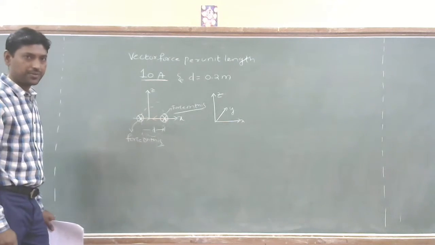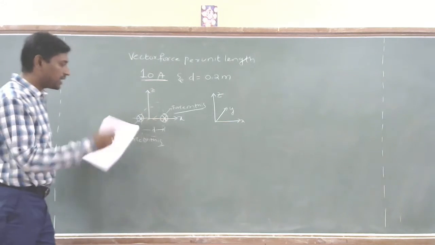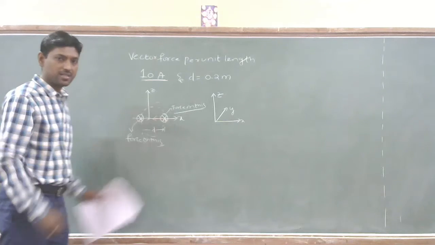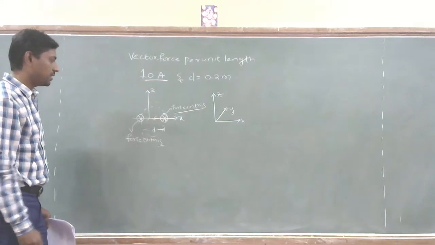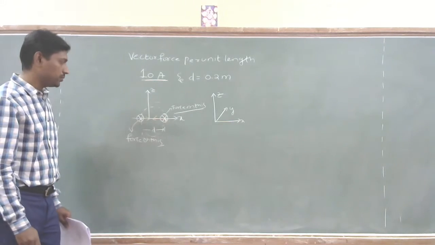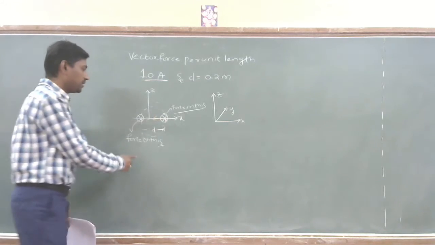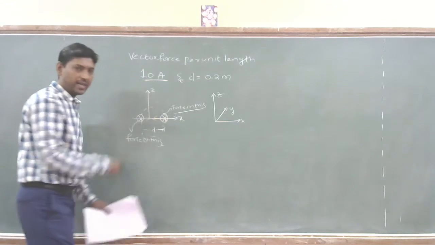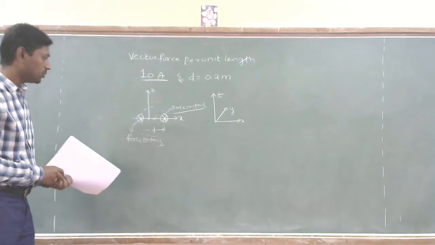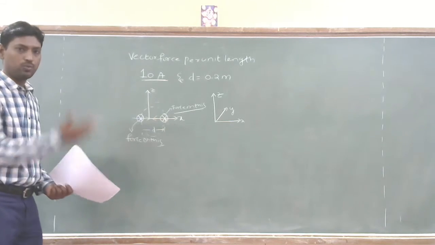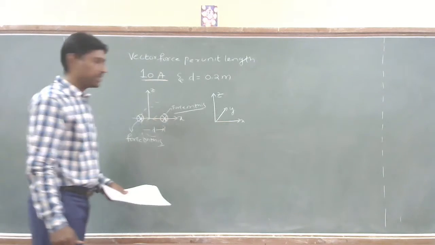If the currents are opposite, they will be repulsive, as we had already proved. Exactly the same procedure I have done in the notes, and you can go through that. It's very similar to what we did in the derivation.